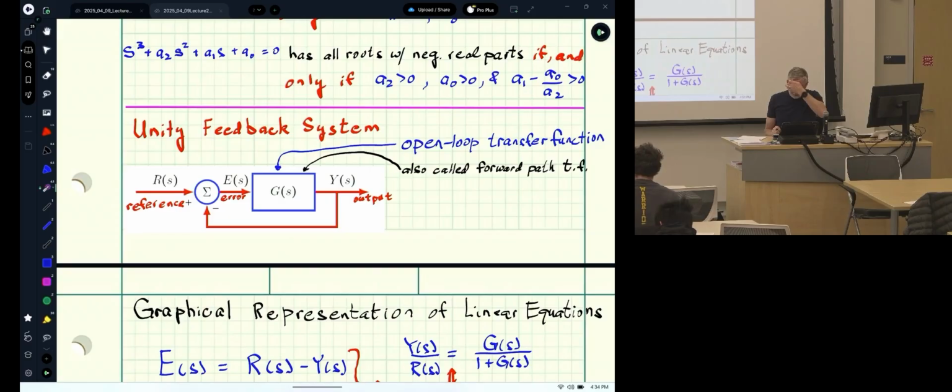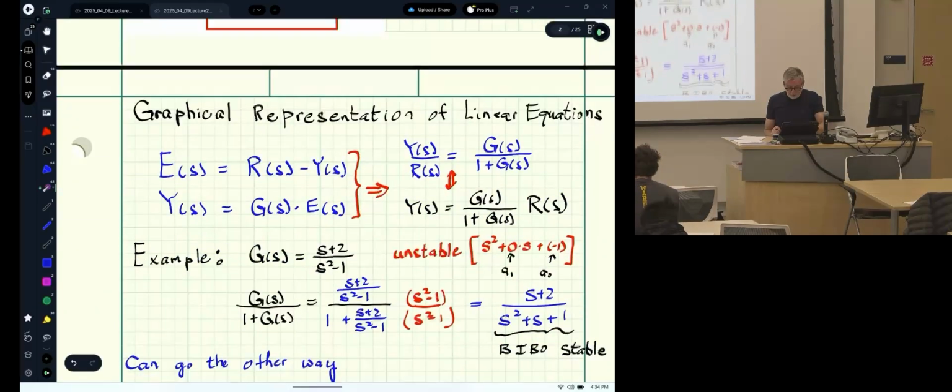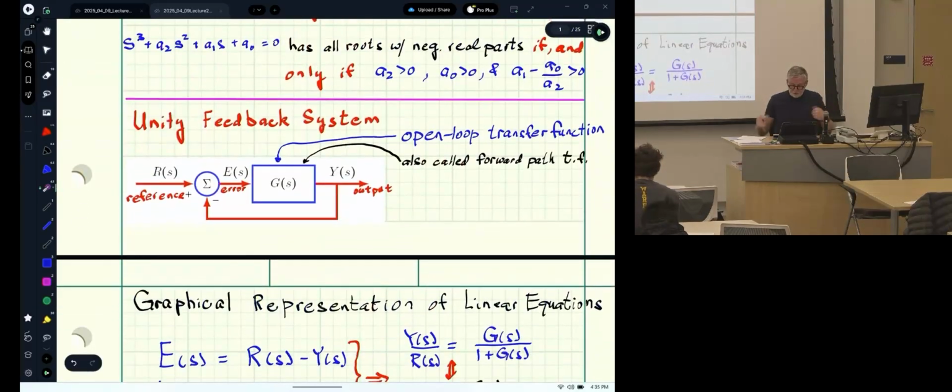The last thing we were working on is unity feedback systems. And so it's a feedback system or closed loop system because there's a loop here that's closed. This circle, we don't bother putting the summing in it.